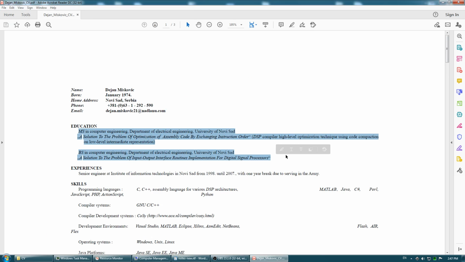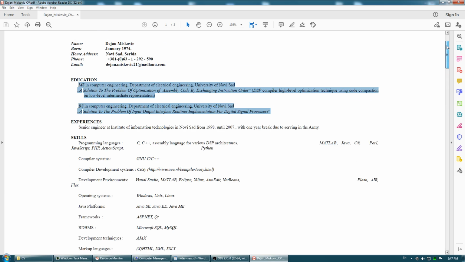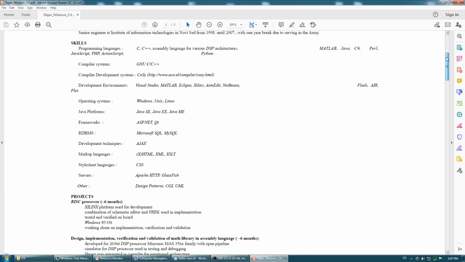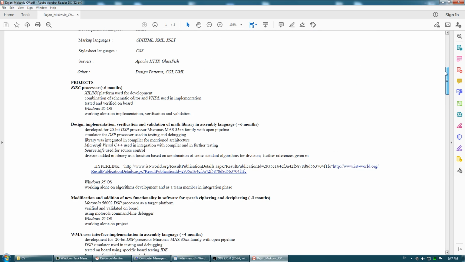Some brief description on education. This is incorrect. Then oh, it blocks. Okay. Then experience and skills, and every project has a description on the duration.